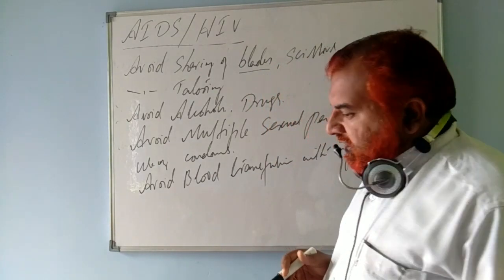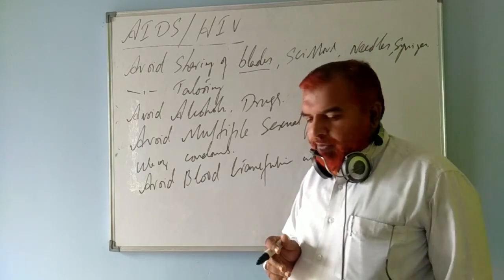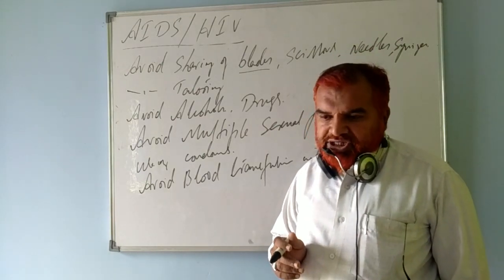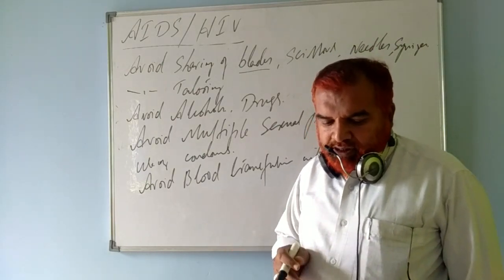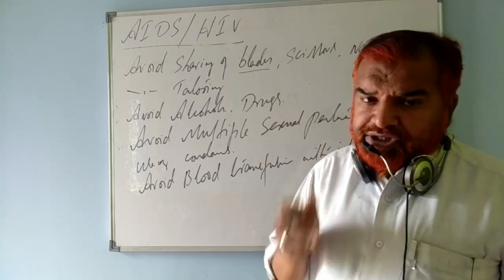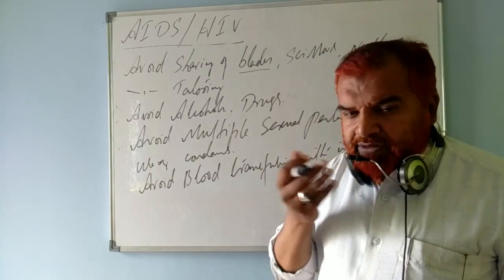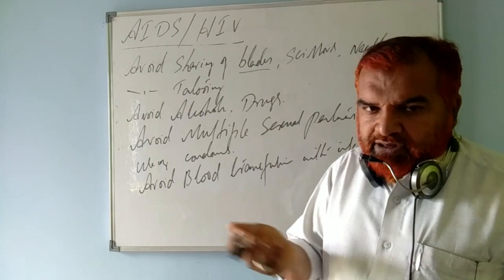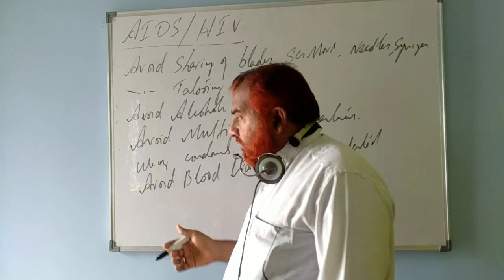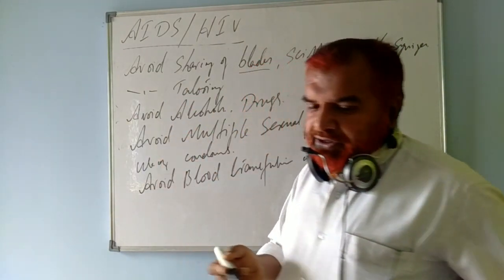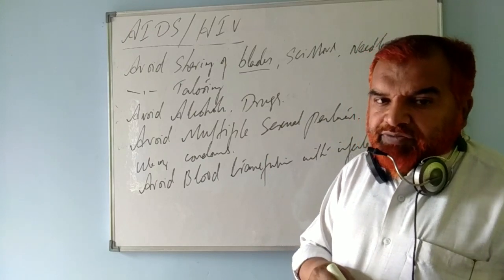Then if the mother is tested HIV positive, such a mother should avoid pregnancies or go for abortion, because the fetus will also get infected through the placenta, by vertical transmission. So avoid all those. These are all the preventive measures of viral infection.